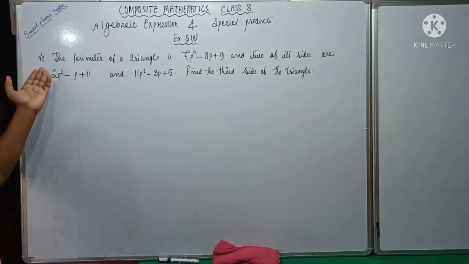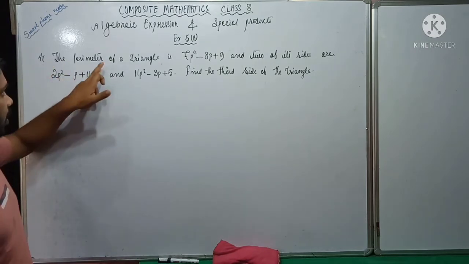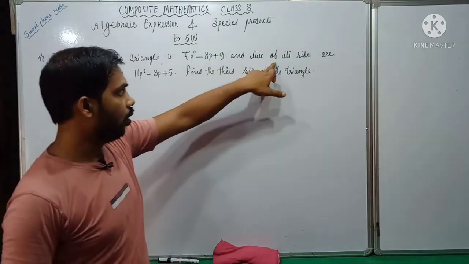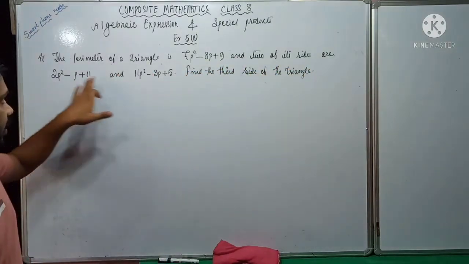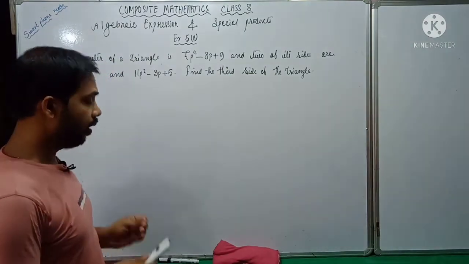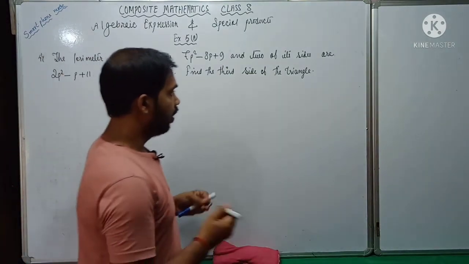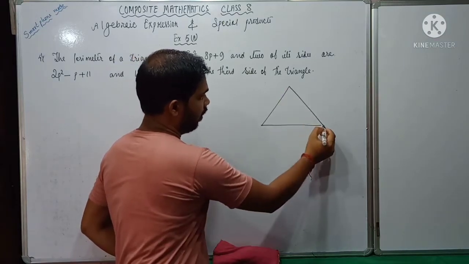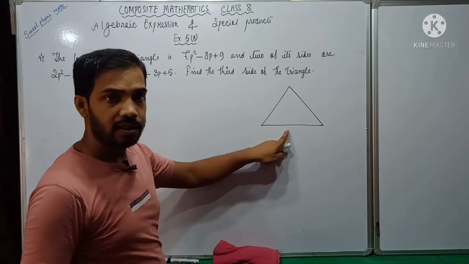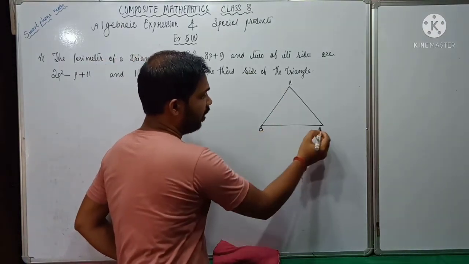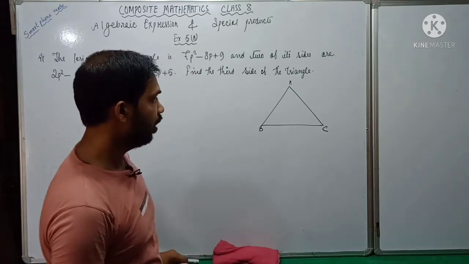Okay, students, see question number 4. The perimeter of a triangle is this and 2 of its sides are this and this, then find the third side. Okay, you know very well about triangle. A triangle has basically 3 sides. Just consider this as triangle ABC, so it has 3 sides, okay.